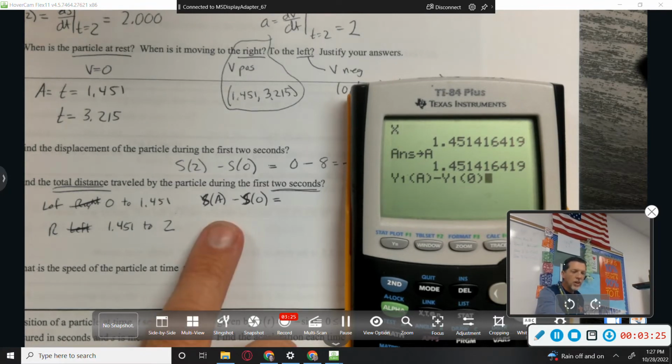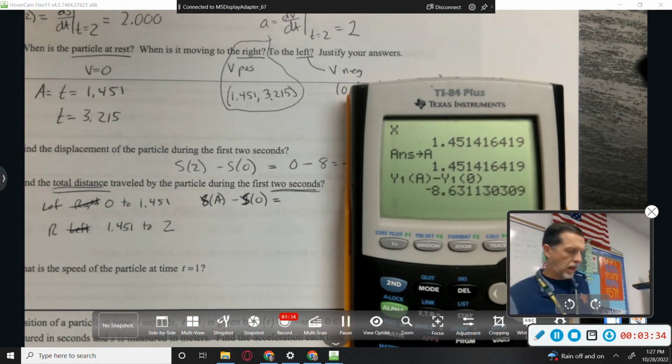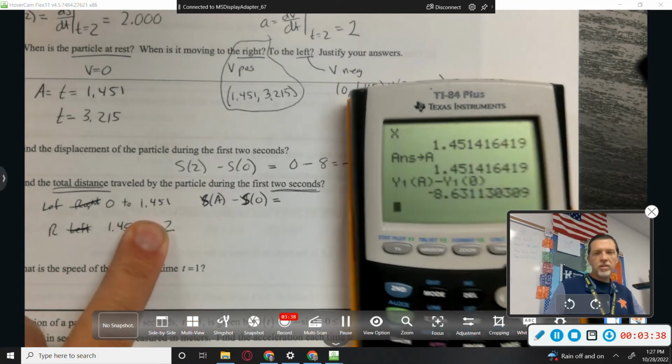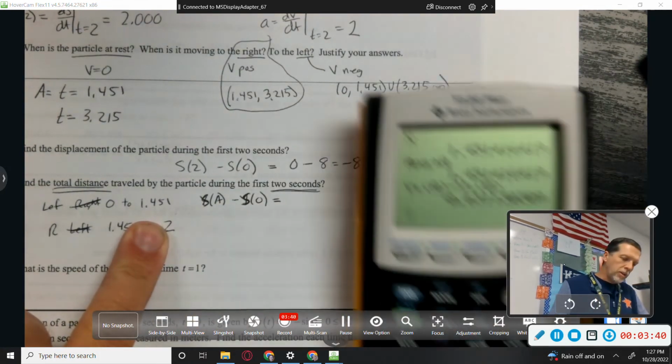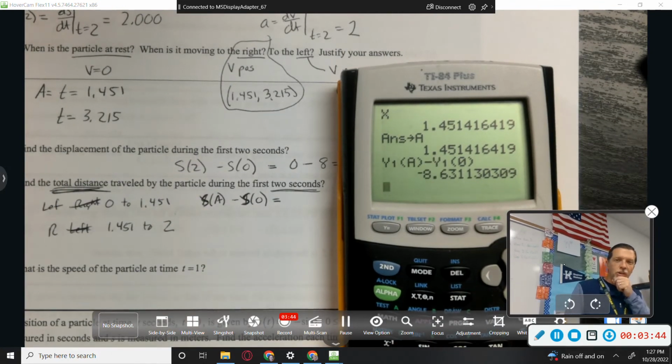So as long as you tell the grader, or me, what you're doing, we know the calculator can do that. So you just write that, press enter, and it's negative. It's negative because it was moving to the left. So what do I do with that negative if I want total distance? Turn it positive. Yeah, just ignore it or turn it positive.